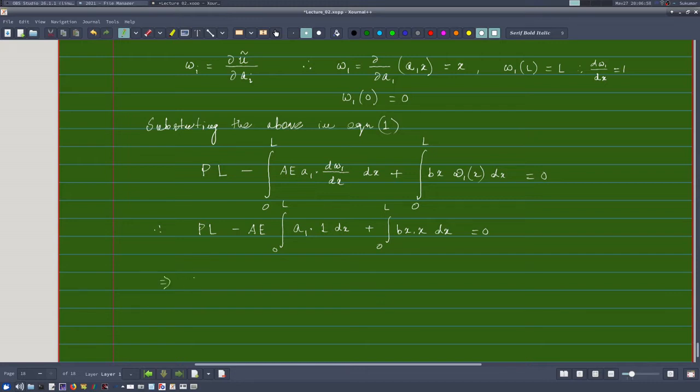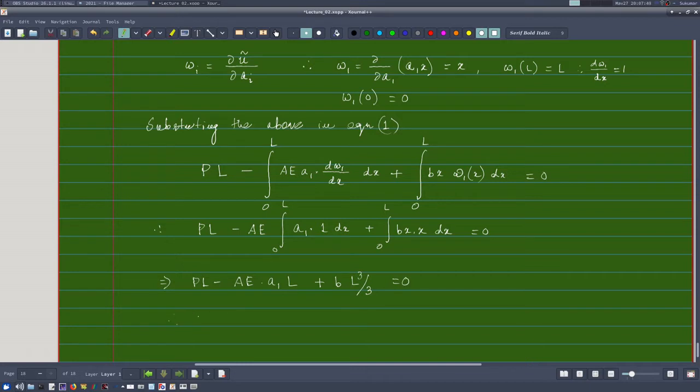Therefore PL minus AE into a1 into the integration of 0 to L dx, which is L, plus b x squared dx, b is a constant, so b x cubed by 3, so b L cubed by 3, is 0. So from here I can find out the value of a1.